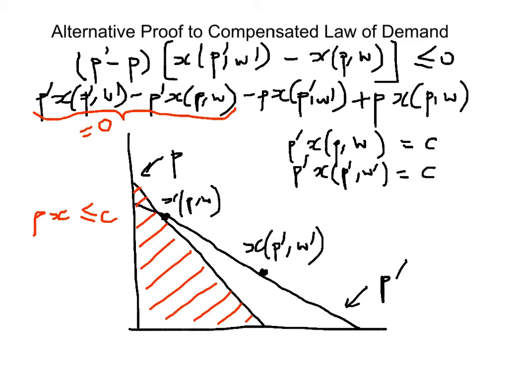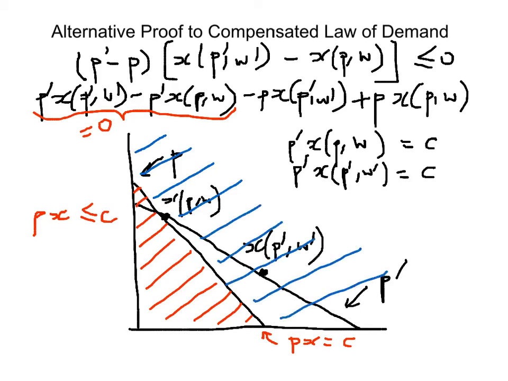Every item located directly on the efficient frontier is such that Px is equal to some constant, and every item located on the right, let me change color, every item located on this hyperplane, drawn in blue, is such that Px is greater than or equal to some constant, right?